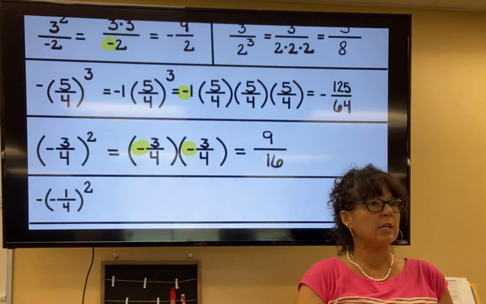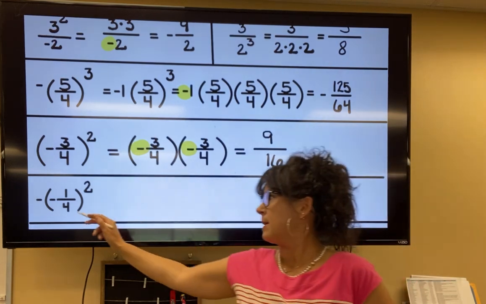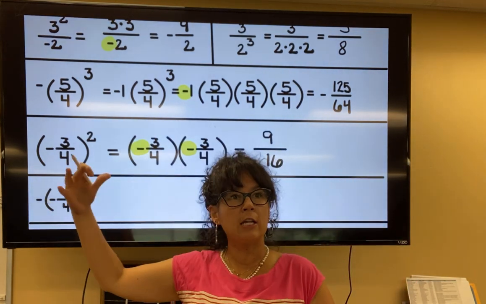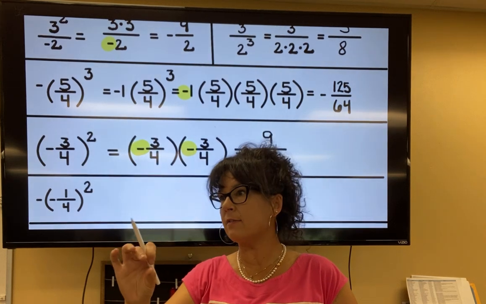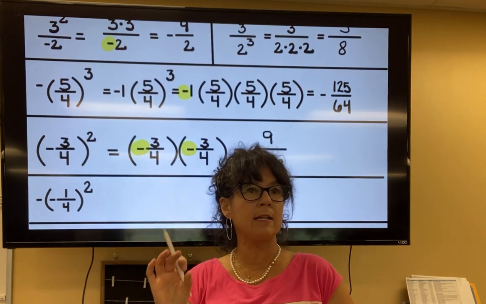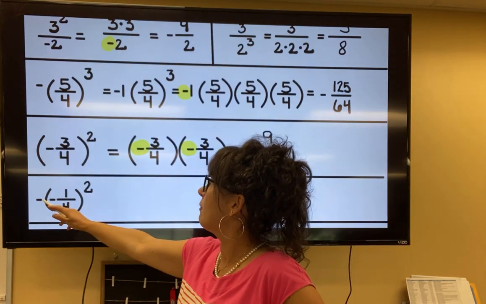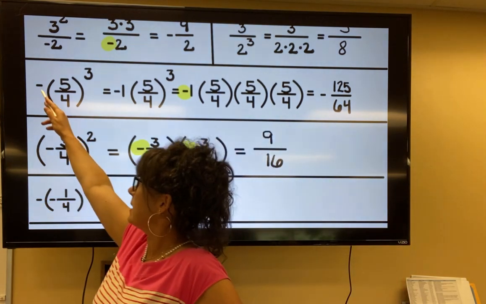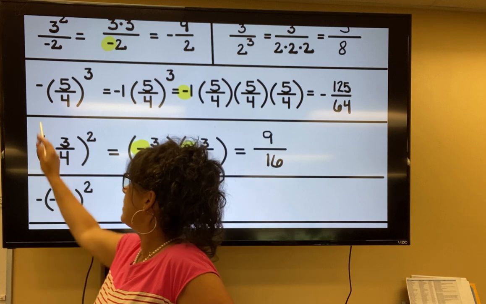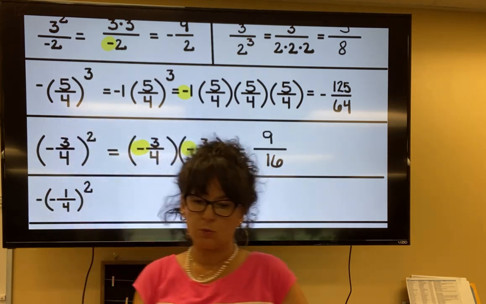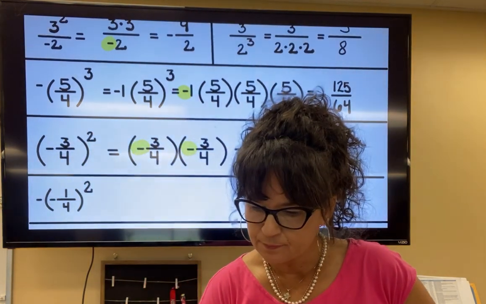Okay, I saved the trickiest one here for last because it's common. You guys are starting to get used to when you see a negative side by side, you immediately think positive. But let's rewrite this negative out front like we did this one. If we put the negative out front and know that that's really a -1.